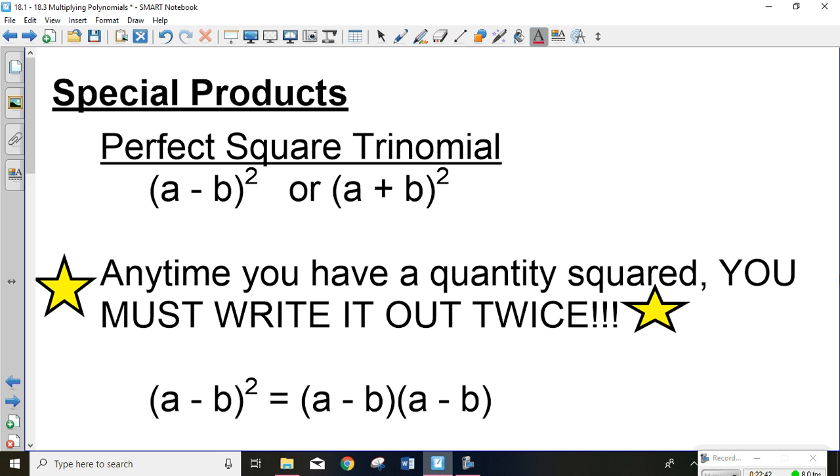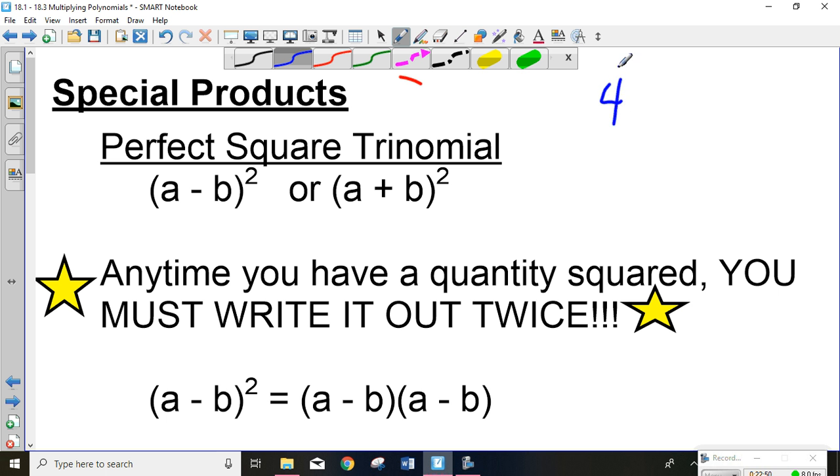As an example, if I asked you what 4 squared means, not what the answer is, but what that exponent means, hopefully you would have said that means 4 times 4. So it means that I'm taking whatever the base is and multiplying it times itself, multiplying it twice.